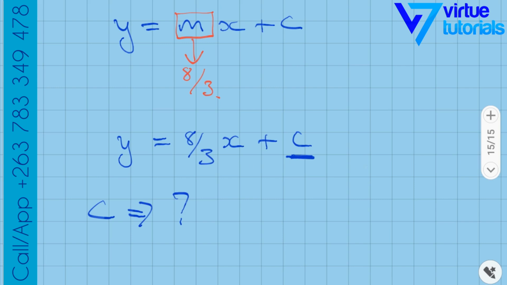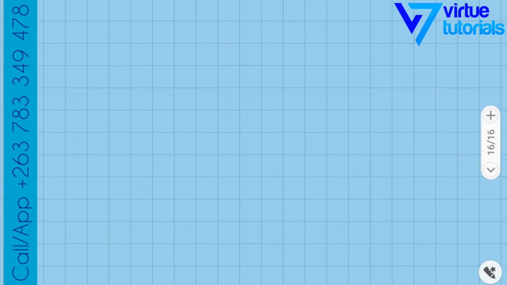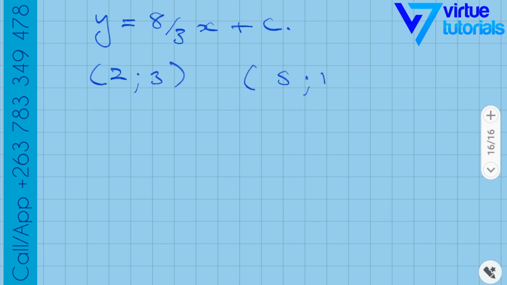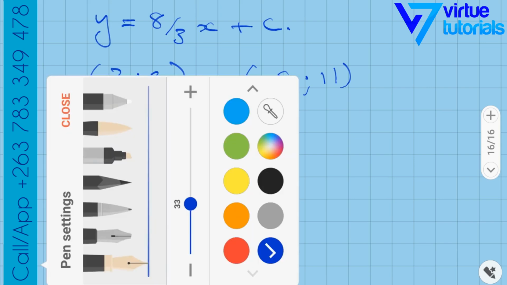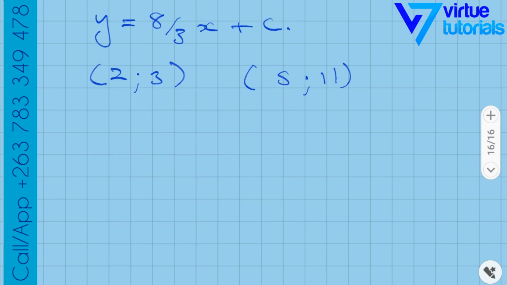So how do you do that? We take our equation as far as it has developed: y is equal to 8 over 3 x plus c. And then we use any one of the initial points. We had the point (2, 3) and we had the point (5, 11). We pick any one of those points. It really doesn't matter which point you pick.